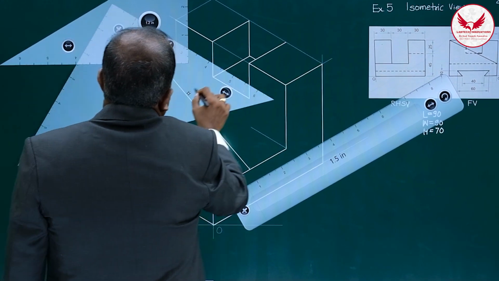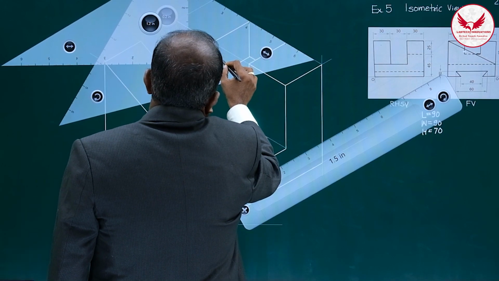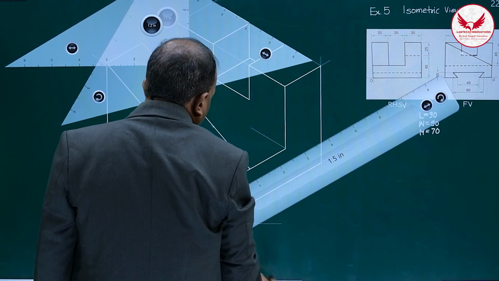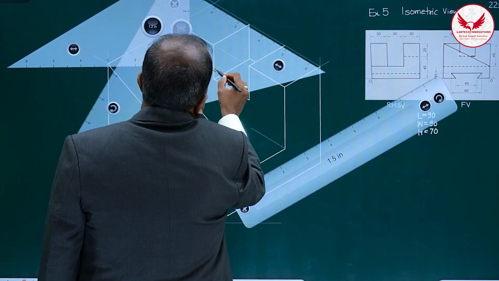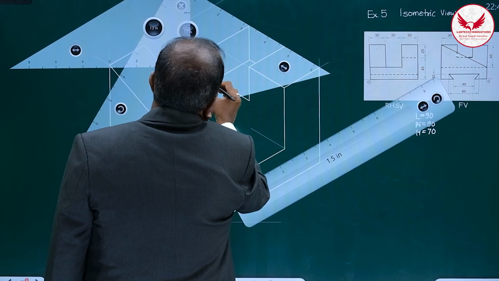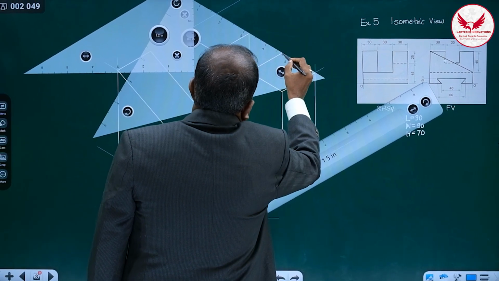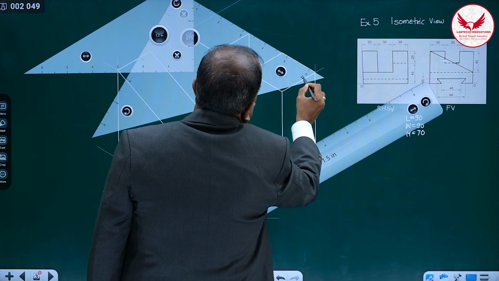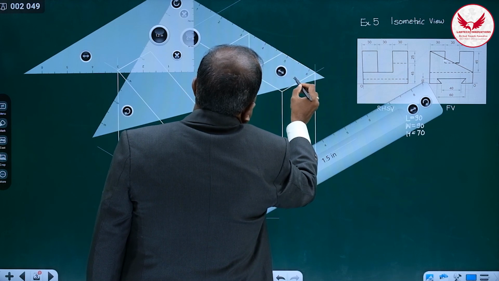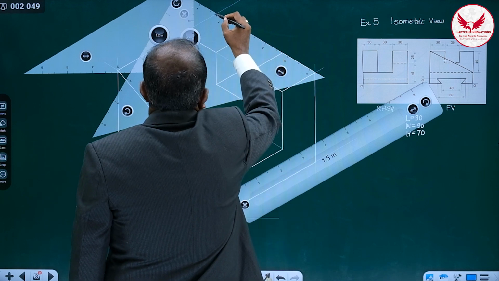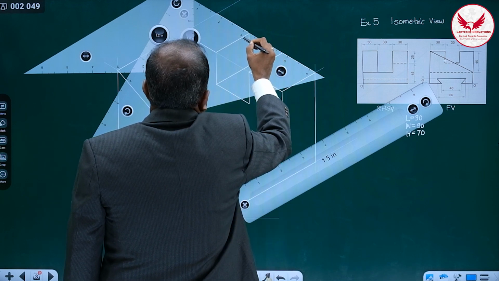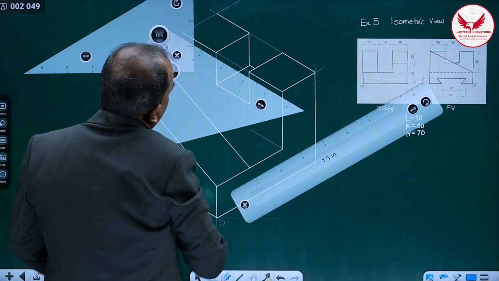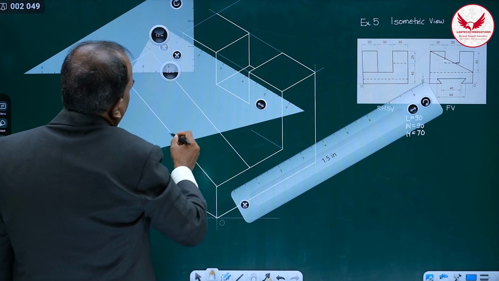So in the backside portion, there is a rectangular cut, and that rectangular cut is 30. And it is also 30. It must match with that 30, 30.